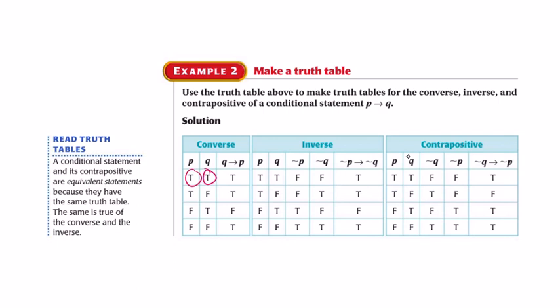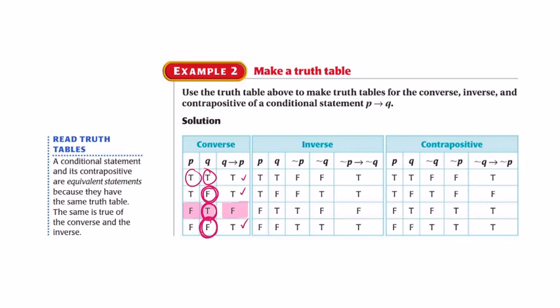That produces a true statement. Now that this hypothesis is false, it's going to produce a true statement no matter what. And whenever the hypothesis is false, it's going to produce a true statement. So here, the hypothesis is true and the conclusion is false. So this is my only option that's going to come out false.